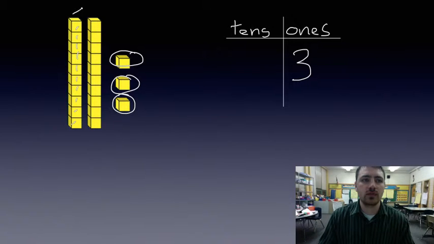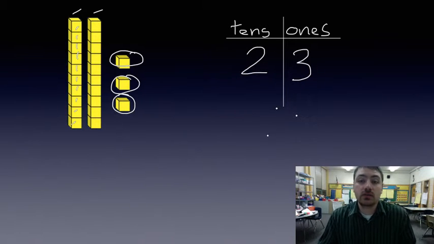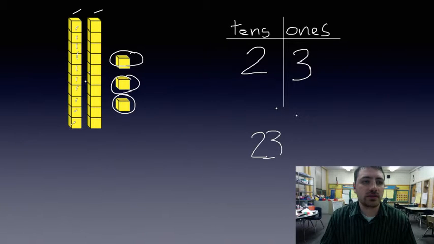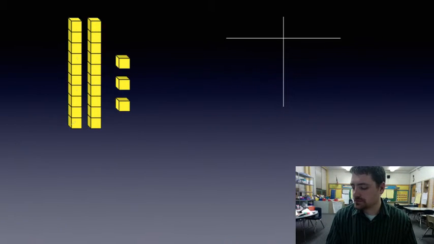So we have 1, 2 tens blocks. So we'll write a 2 in the tens place. Now all you have to do, this is the easy part, is just put the numbers together. So for example, this one would be 23. These blocks are showing us the value of 23.